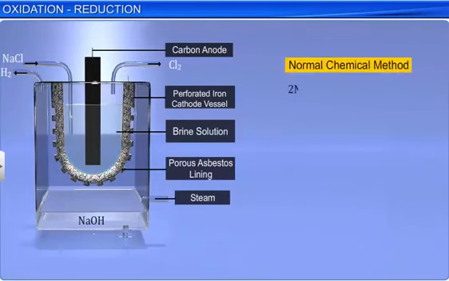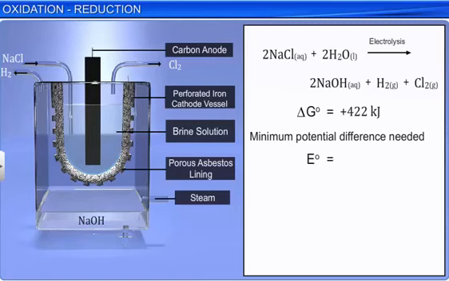The chemical reaction corresponding to the electrolysis is shown here. The delta G naught for this reaction is plus 422 kilojoules. The minimum potential difference needed for oxidation, E naught, is equal to minus 2.2 volts.